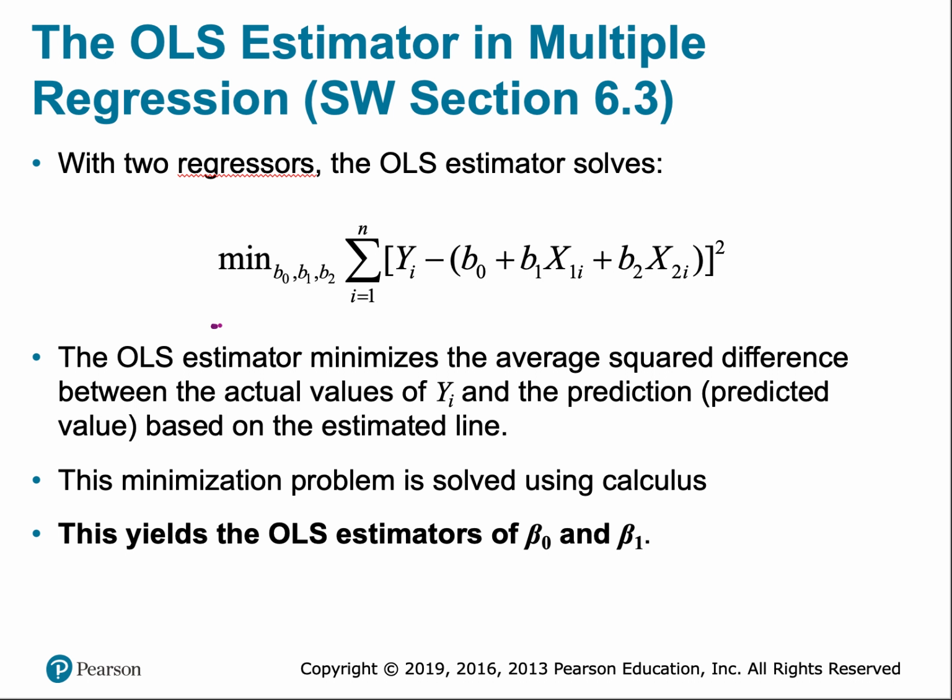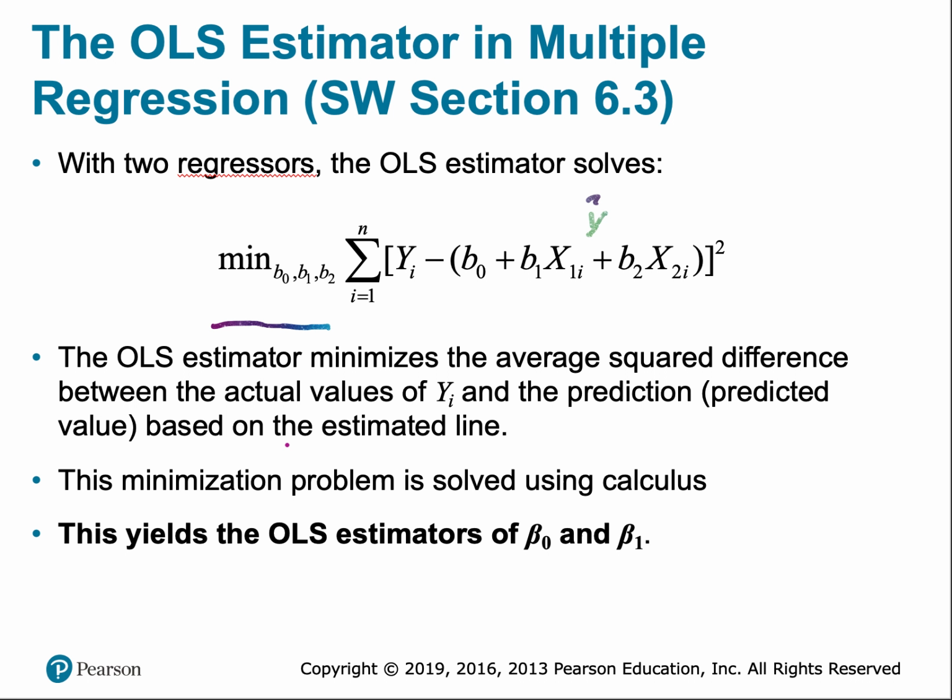We're minimizing the sum of yi minus beta naught minus beta 1 times x1i minus beta 2 times x2i. This is going to give us an estimate of y hat. And so we are in effect minimizing the sum of squared residuals.